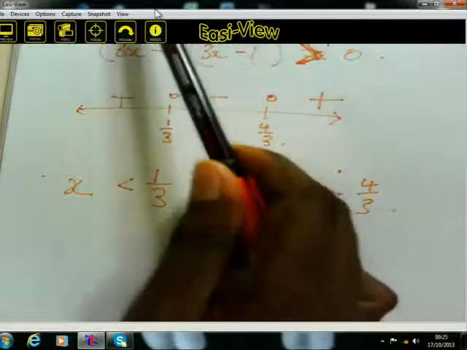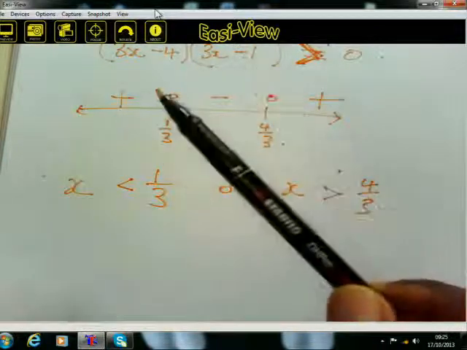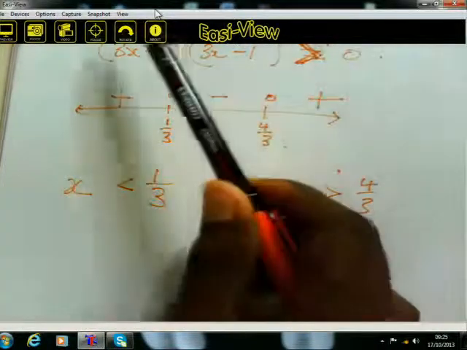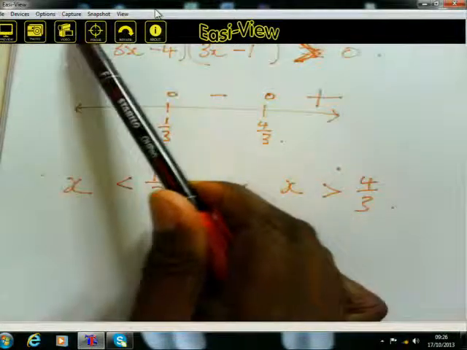But when I look at this inequality, I can see that the coefficient of x squared is negative. I want to work with the coefficient of x squared being positive. To make the coefficient of x squared positive, I am going to multiply everything here by minus 1.